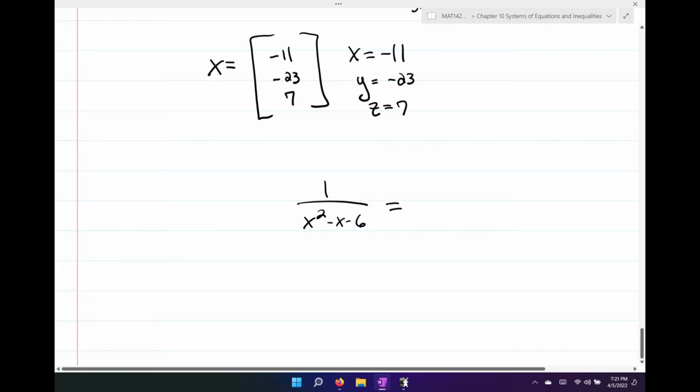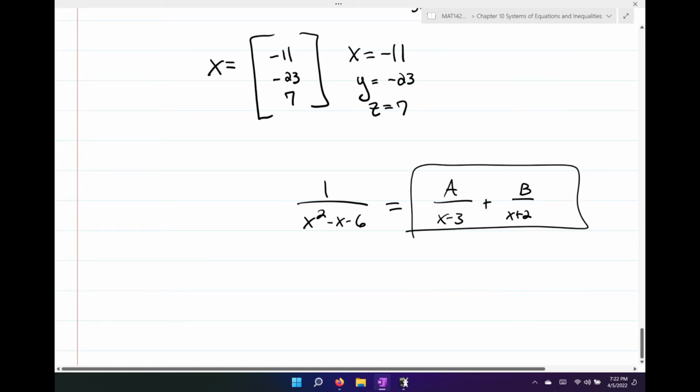The answer, remember, if you're playing Jeopardy, is what are the two fractions that you added together to get 1 over x squared minus x minus 6. So we're going to figure out how to find this partial fraction decomposition. All right, that's going to be it for this video, so I'll see you in the next one.